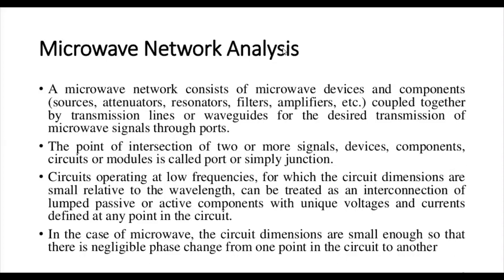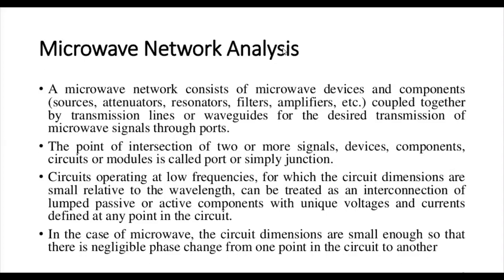The physical length of the network which you take should be much smaller than the wavelength of the signal transmitted. Because you know, frequency is related to wavelength as f is equal to 1 by lambda. If your frequency is less, then only your wavelength will be more. Or if your frequency is more, wavelength will be less.